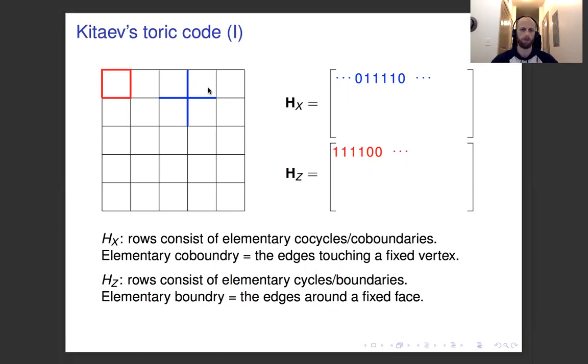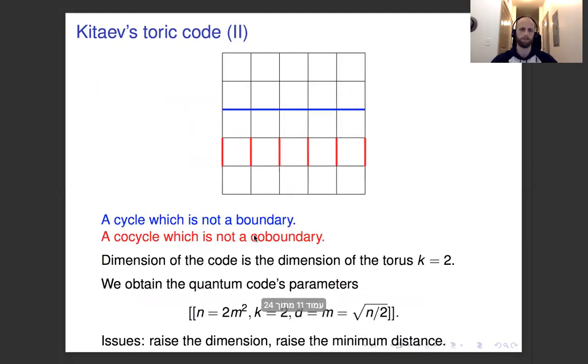So the blue edges here form an elementary coboundary. Similarly, in the Z parity check matrix, its rows consist of elementary cycles or boundaries, where elementary boundaries are the edges that touch a fixed face. So for instance, here the red edges form an elementary boundary.